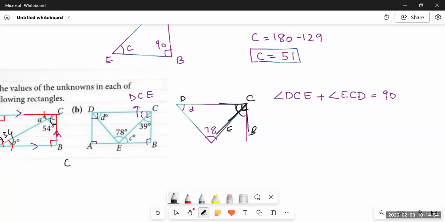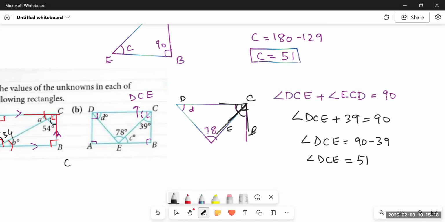And one of the angles is given out of the two, which is angle ECB, 39. So we can say that angle DCE plus 39 is equal to 90 degrees. In the next step, we can easily find angle DCE would be 90 minus 39, and it would be 51. You see, it means this is 51 degrees.